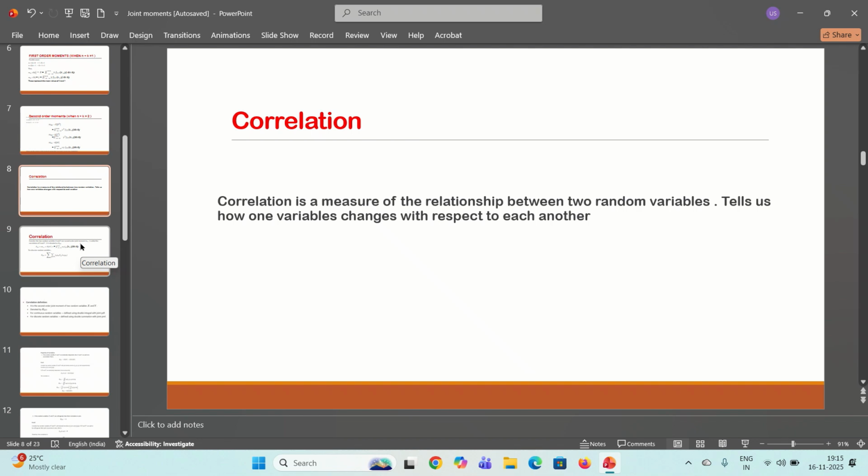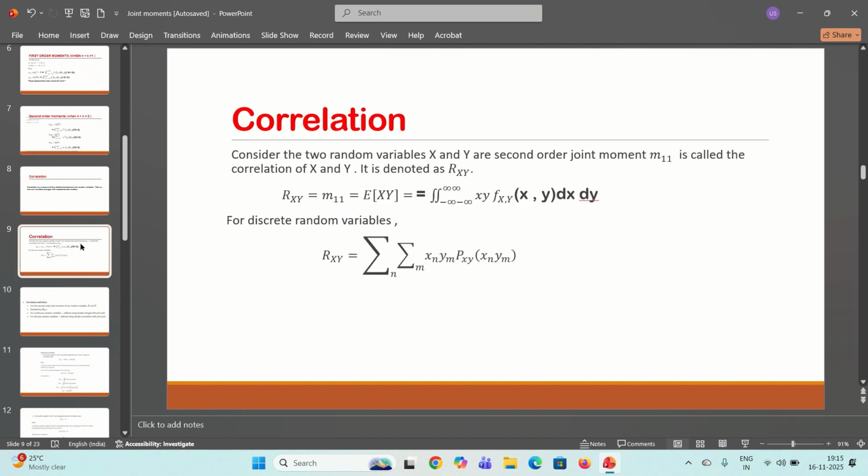Let us see briefly the importance of correlation, how correlation occurs. Consider two random variables x and y. The second order joint moment M11 is called the correlation of x and y.